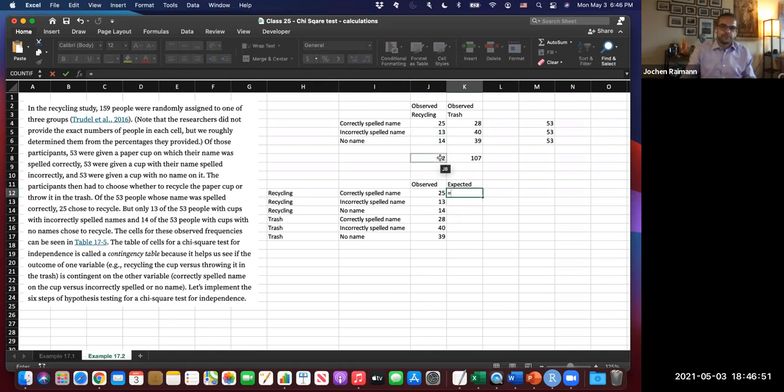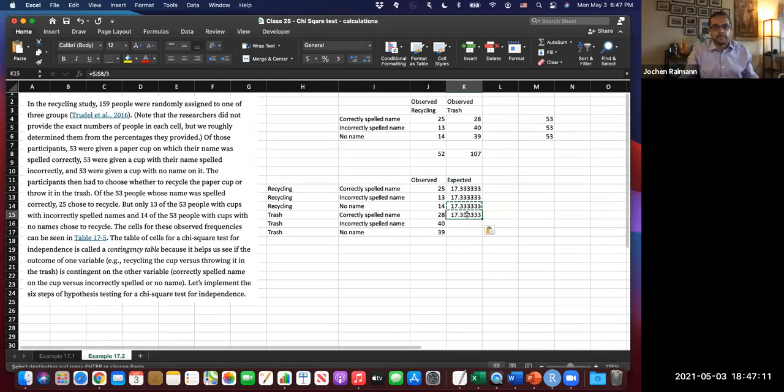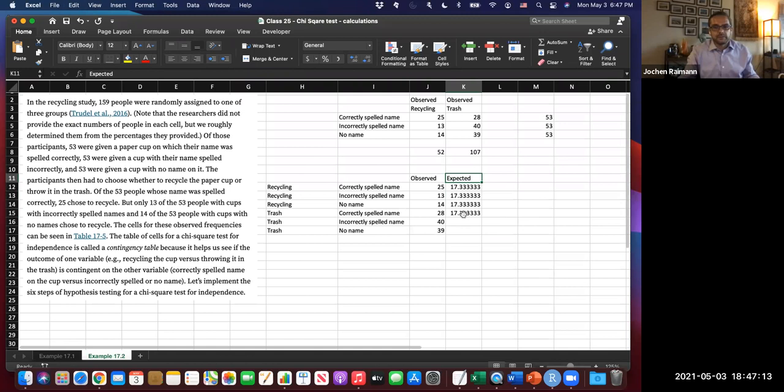So if we do this divided by 3, we are getting our 17.33, and this is our aliquot in each of the group for what we would have seen if that were balanced. So this is our expected.